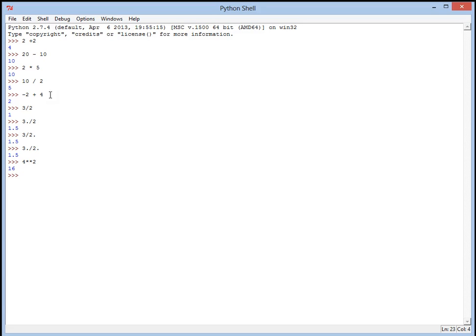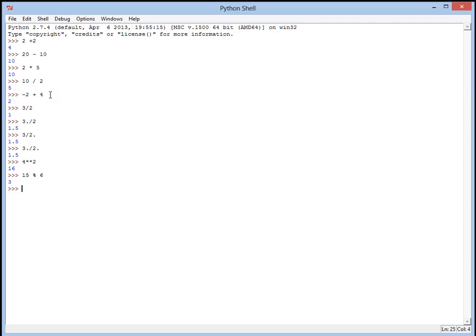So if you take 15 and you do the modulus of 6, you're going to get the remainder of 3, because 6 goes into 15 twice, which is 12, and you're left with 3. Now that's usable in some cases.